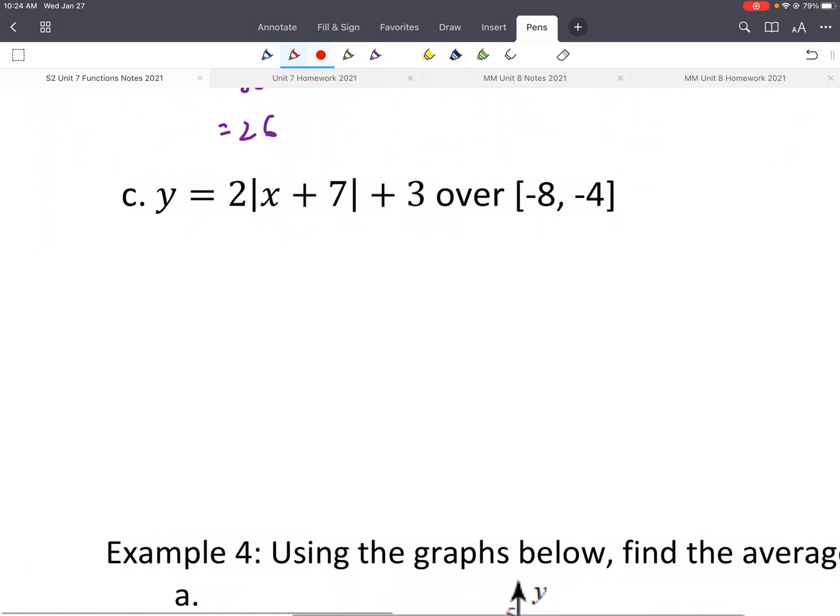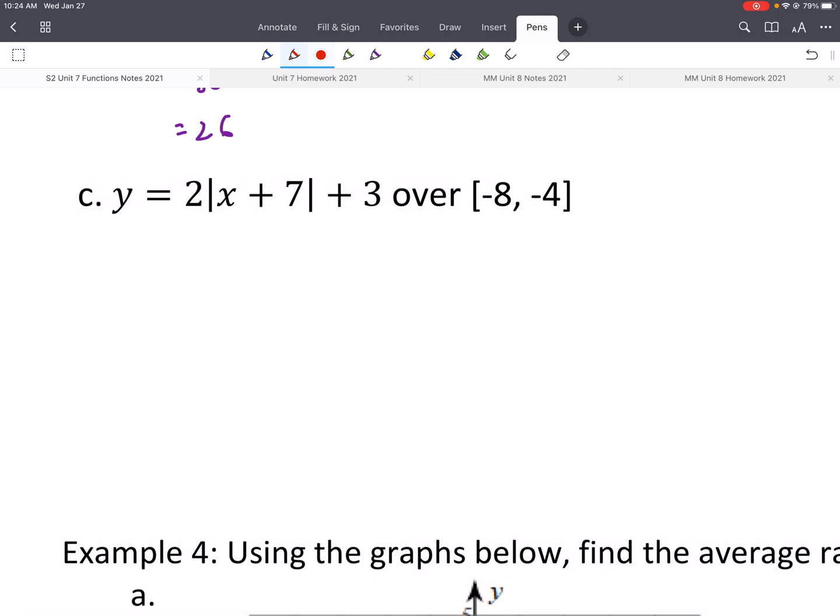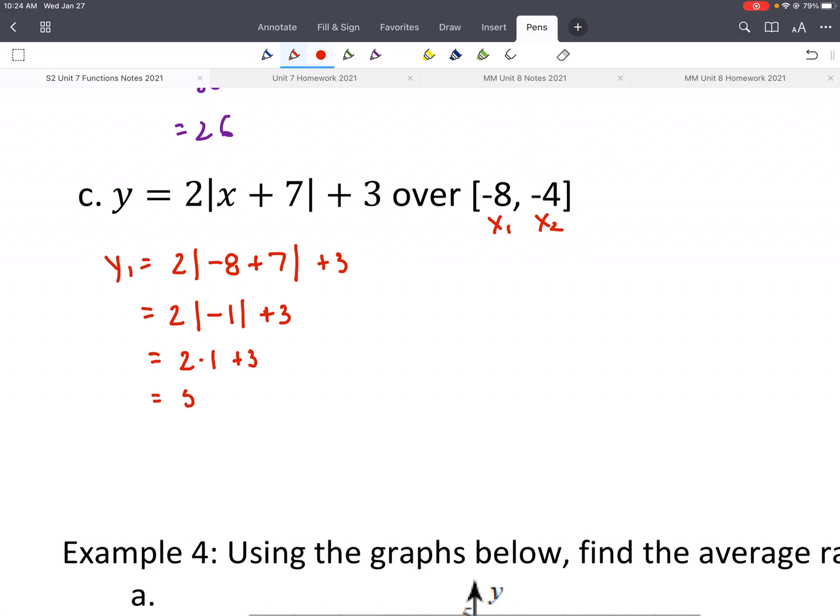And then our last example here is an absolute value function. So here's our x1 and our x2. Our y1 is going to be 2 times the absolute value of negative 8 plus 7, plus 3. So again, absolute values are kind of like parentheses, so we need to evaluate what's inside first. So we'd have the absolute value of negative 1, or 2 times 1, plus 3, or 5.